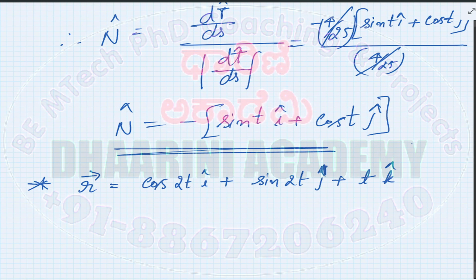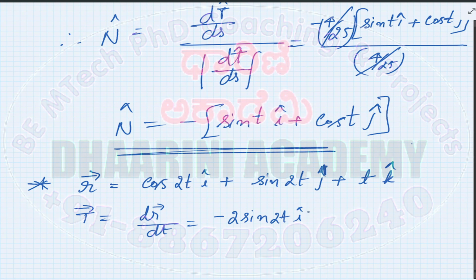First step, our intention is that I need to find the t cap first, correct? So in order to find the t cap, I find the vector t now. So t vector is equal to dr by dt. So what you get as dr by dt is minus cos t differentiation is minus 2 sine 2t into i cap.